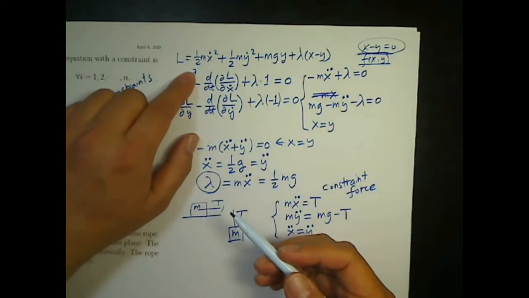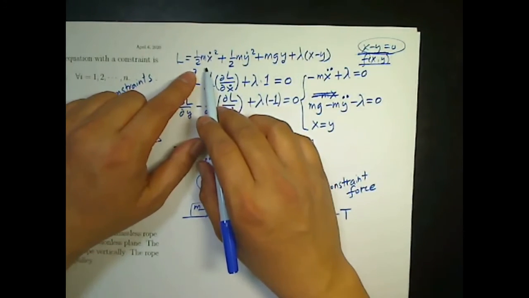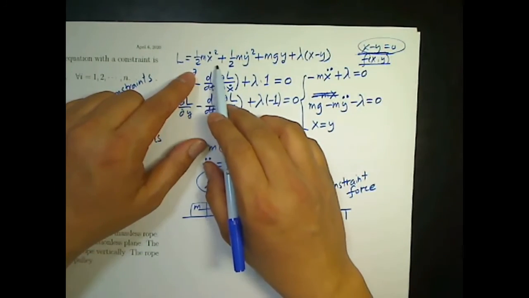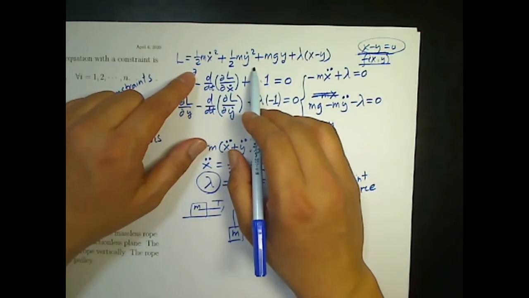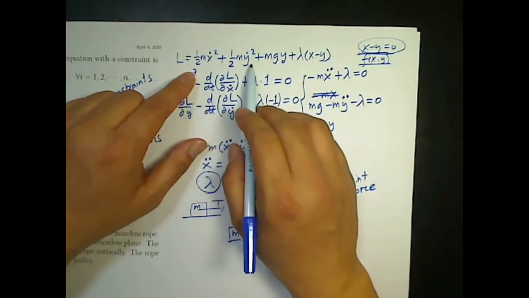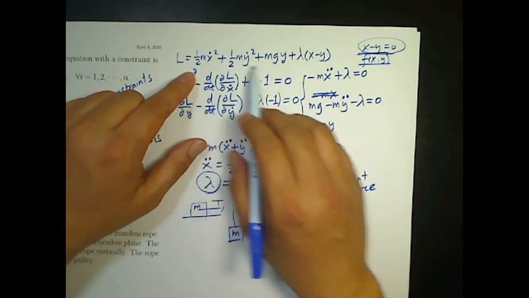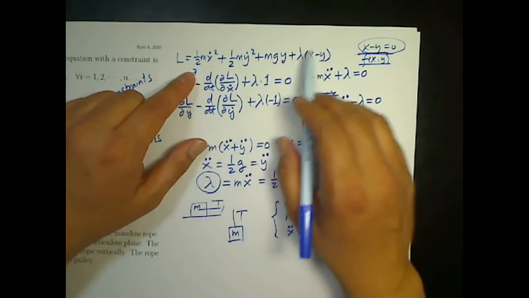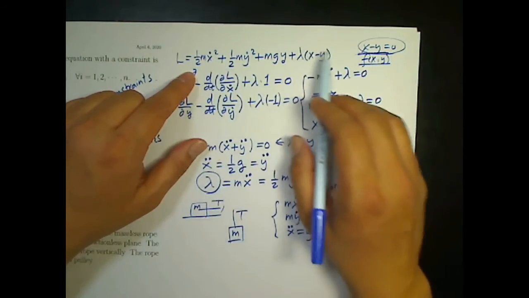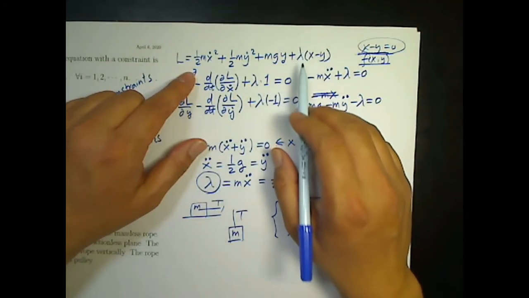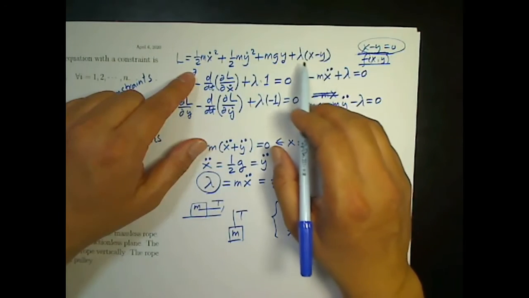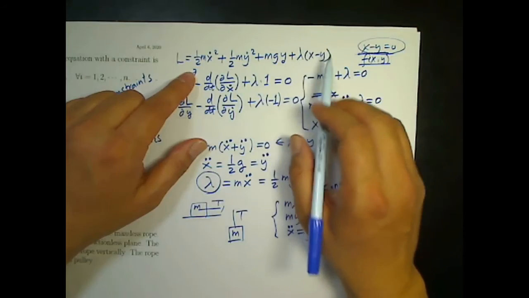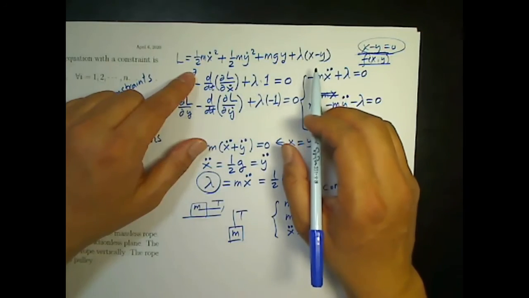The Lagrangian we previously obtained was 1/2 m x dot squared plus 1/2 m y dot squared. Actually, they were the same, but we made a fake. This x minus y is actually 0, but we multiply by lambda and do not restrict x and y to be the same.